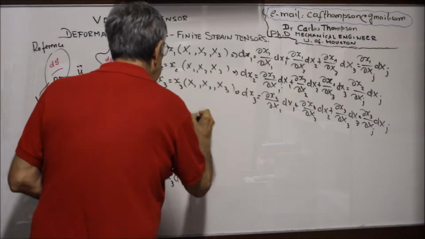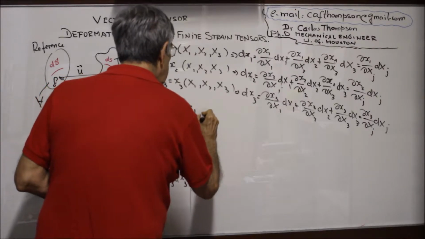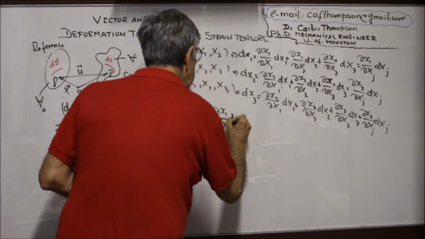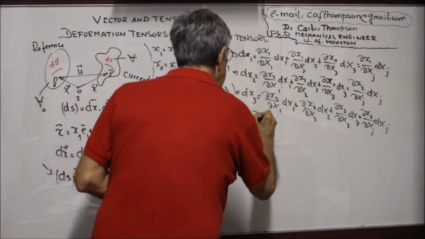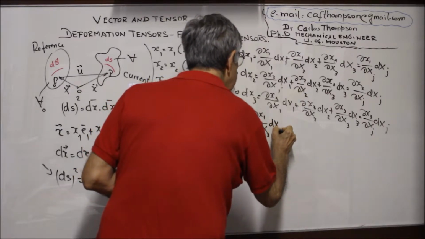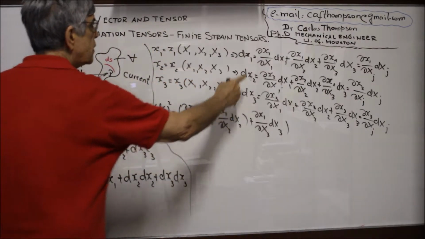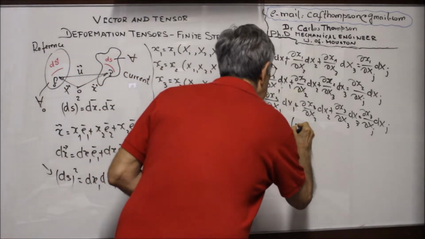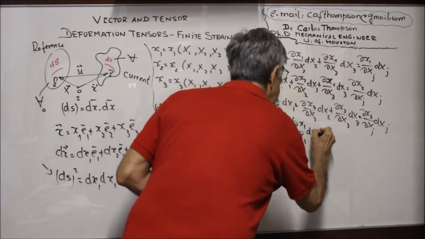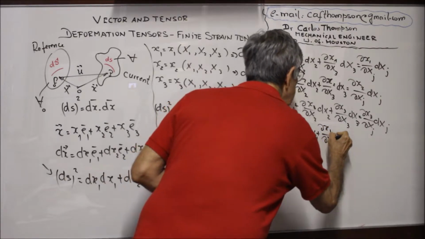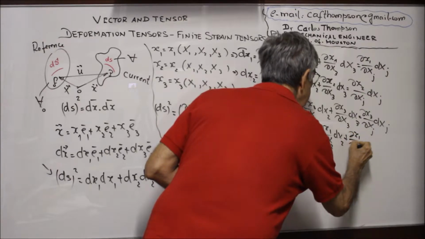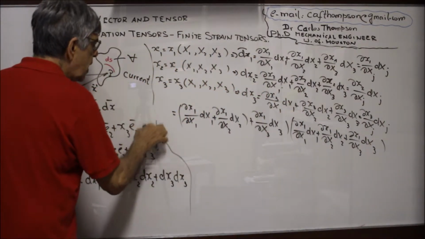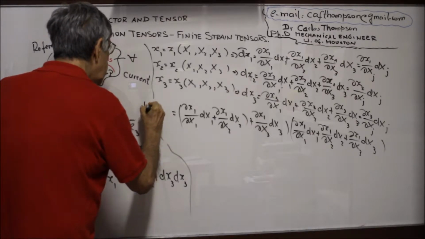The first dx1 will be the partial of x1 with respect to X1 dX1 plus the partial of x1 with respect to X2 dX2 plus the partial of x1 with respect to X3 dX3. Now I'll multiply by the same expression: partial of x1 with respect to X1 dX1 plus partial of x1 with respect to X2 dX2 plus partial of x1 with respect to X3 dX3.